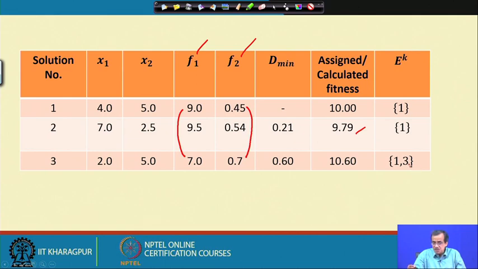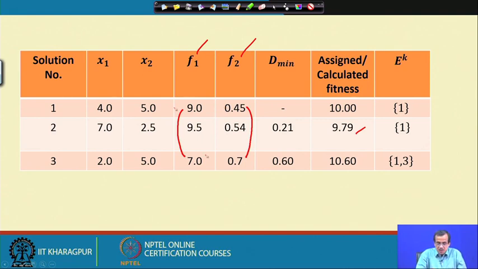We just want to give some chance initially, because there is a possibility that through a large number of iterations this particular solution is going to improve itself, and we do not know, ultimately it could be a very good solution in future. That is why we want to give some chance to this particular solution, although it is not found to be non-dominated compared to solution 1 in terms of both the objectives.